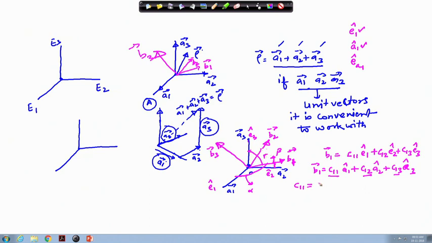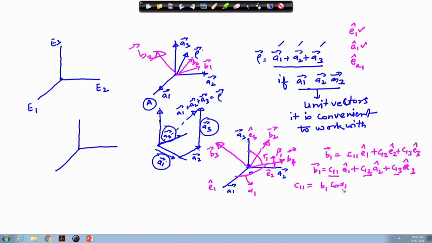So, you can say that if this is the B 1 vector, and the B 1 vector magnitude is B 1, then you will have C 1 1 equal to B 1 cos alpha 1. Now, we will tag this as alpha 1, beta 1 and this as gamma 1, because now we have three vectors here.